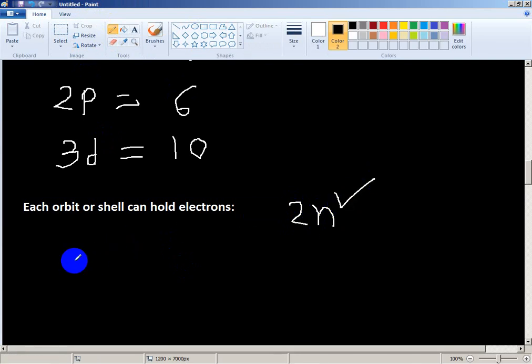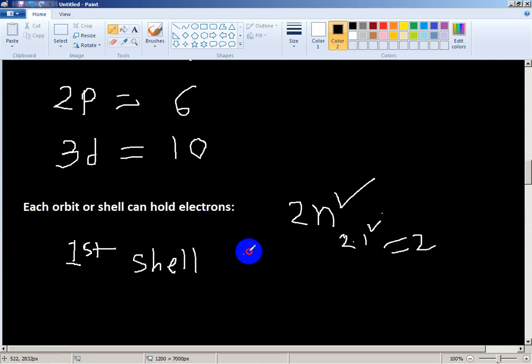So the first shell, how many electrons can it hold? For the first shell, n equals 1. Put n equal to 1 here: 2 into 1 square, that means 2.